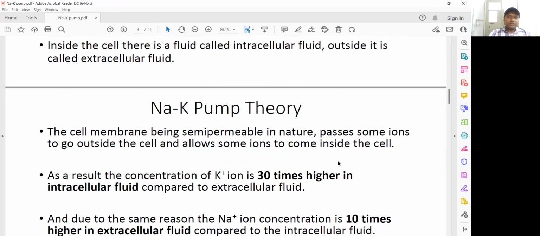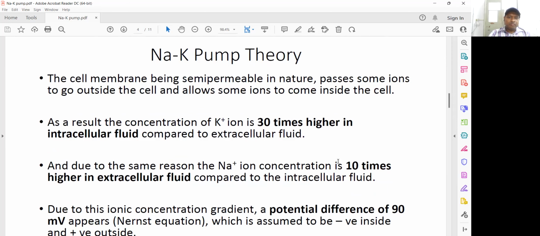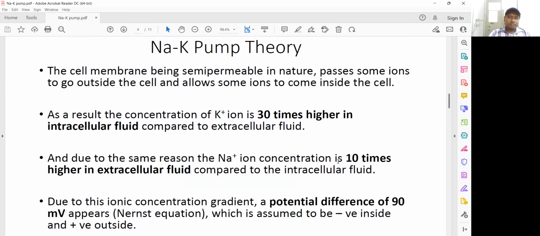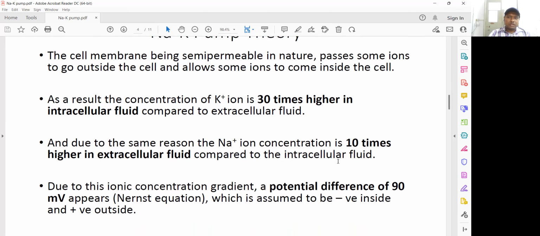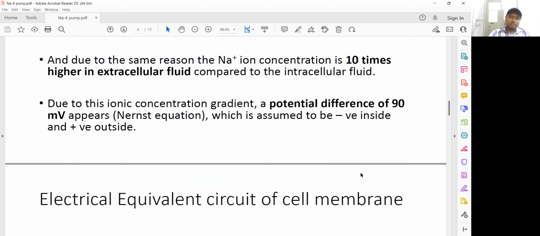So the cell membrane, being semi-permeable in nature, allows some ions to go outside of the cell and some ions to come inside. Ultimately, the potential difference of 90 millivolt appears due to the Nernst equation, and it is assumed to be negative inside and positive outside. This is only an assumption.